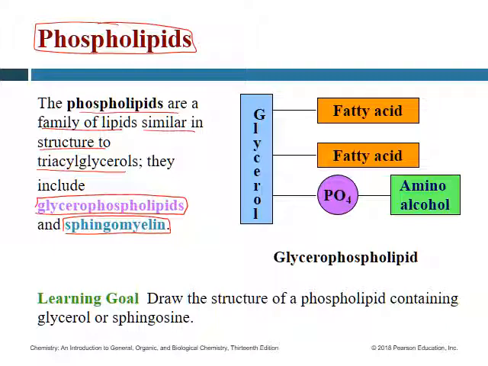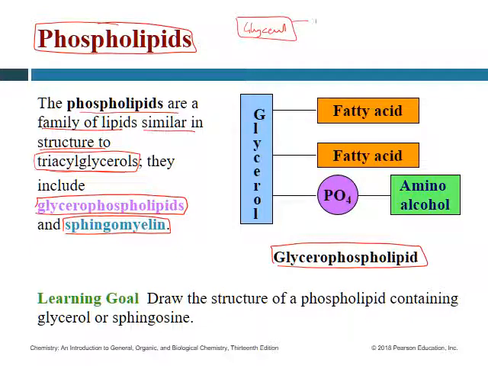In phospholipid, you will have a glycerol. Basically we're going to talk about glycerophospholipid in this case. In glycerophospholipid, you have exactly the same shape as triacylglycerol. If you remember, triacylglycerol has glycerol and you have 3 fatty acids attached to it, right?